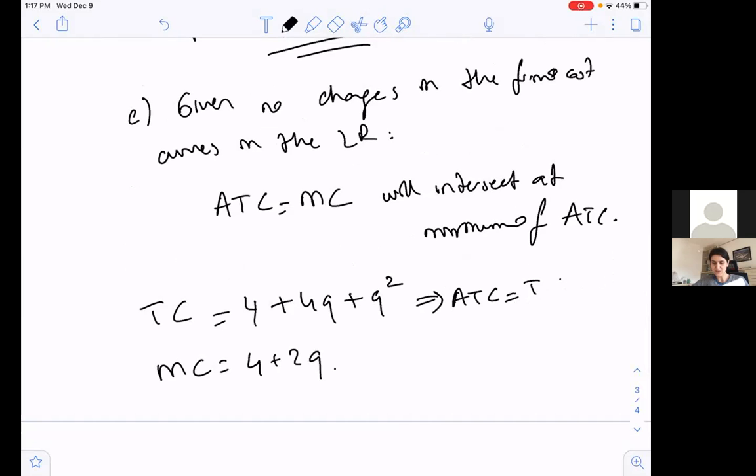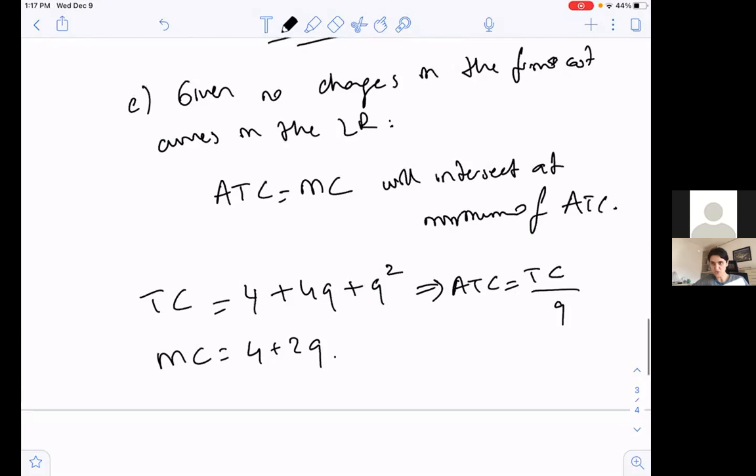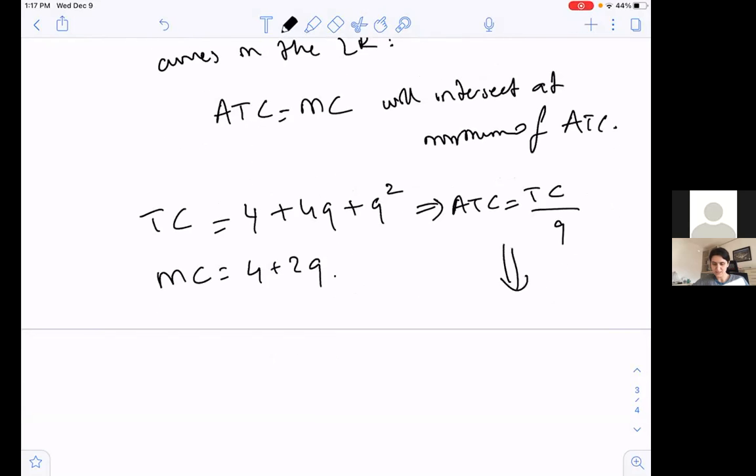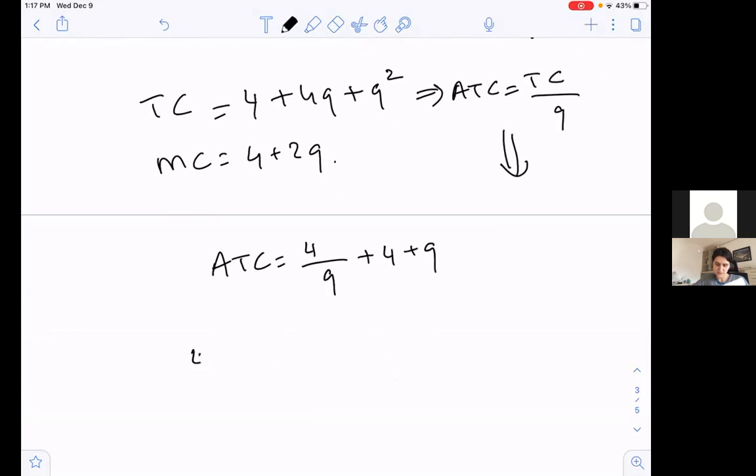ATC is what? You divide total cost by Q, and I obtain ATC equal to 4 over Q plus 4 plus Q. Equate ATC and marginal cost: 4 over Q plus 4 plus Q equals 4 plus 2Q.